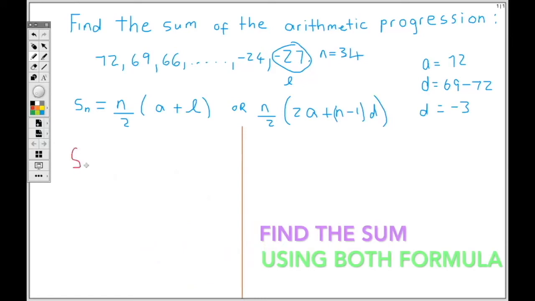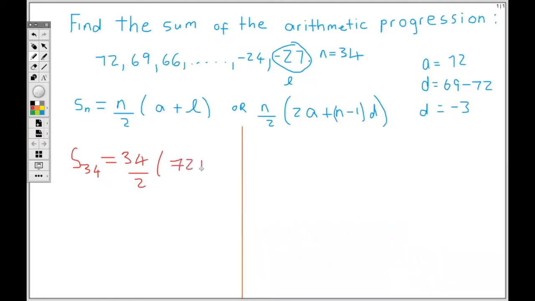Now I'm going to use the first formula where n is 34, so I have S34 equals n, which is 34, over 2, open bracket, a, which is 72, and L, which is -27. Now this was changed to a minus, positive times negative, that's negative.